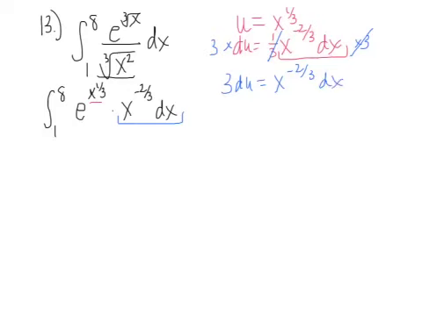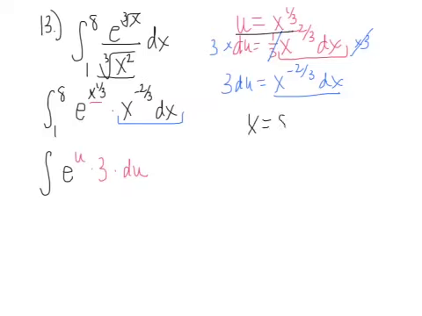Okay, and so now we've got a substitution that we can make. E to the u, and then this blue part right here is going to equal 3 du. And of course we've got this 1 to 8 that are both in terms of x. So remember that u is x to the 1/3.